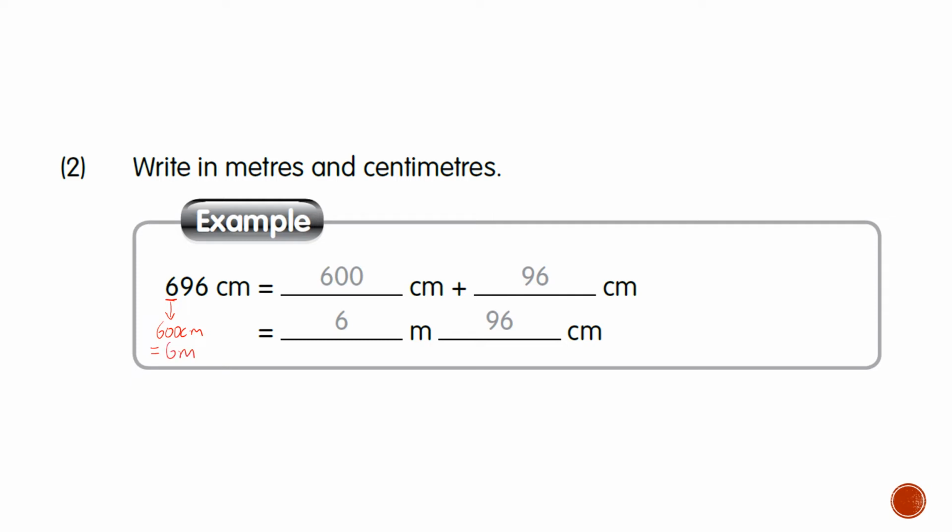So 600 cm, and then you take out 96 cm. So they converted the 600 cm into 6 meters over here, and then you get 6 meters and 96 cm. Just remember, and I'm going to repeat this one more time, when you have something like this in the cm, this is the hundreds place, this is the tens place, this is the ones place.